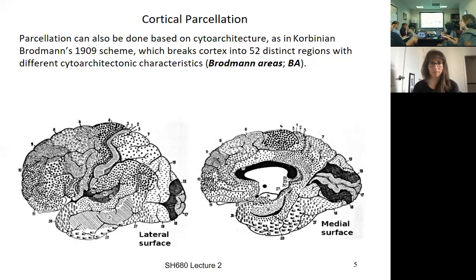The primary auditory cortex is 41, 42 is sometimes considered also primary, and 22 is a higher order auditory cortex. And then parietal cortex areas, 40 in particular, supramarginal gyrus. I'll go back over all those areas when we go into the function of those regions.